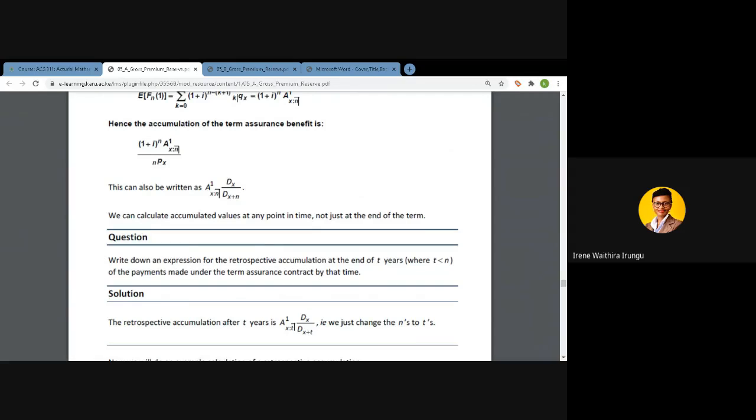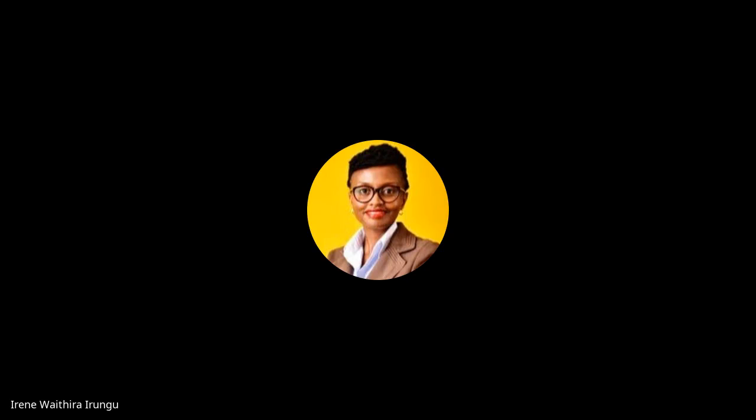And therefore, if I want to express my 1 plus i raised to n in terms of Dx and Dx plus n, then in the numerator I should have v raised to x, divided by, in the denominator, v raised to x plus n. If you express that in terms of i, it will simplify to your accumulation factor 1 plus i raised to n.